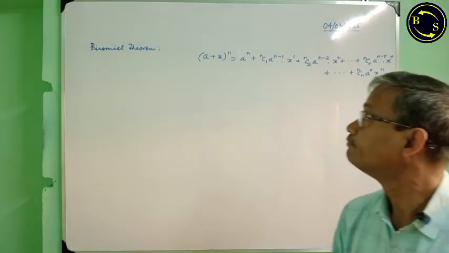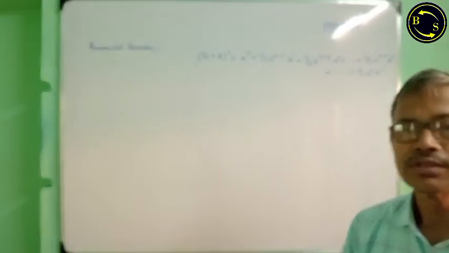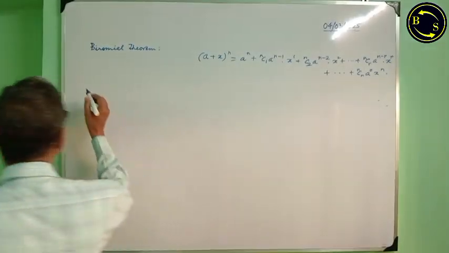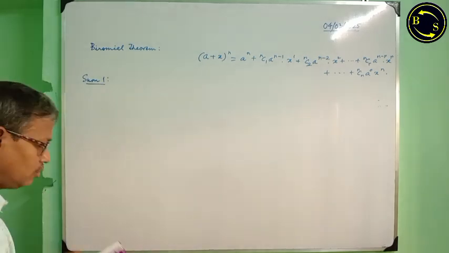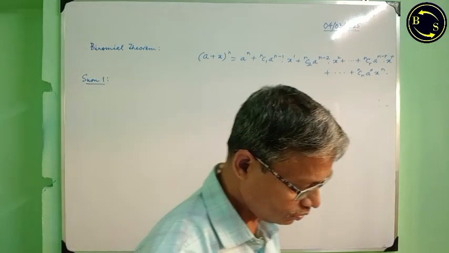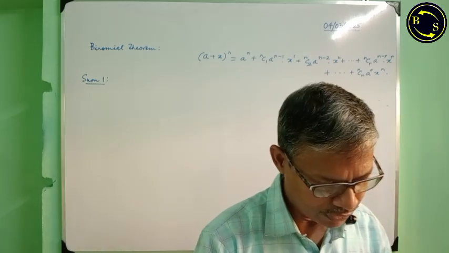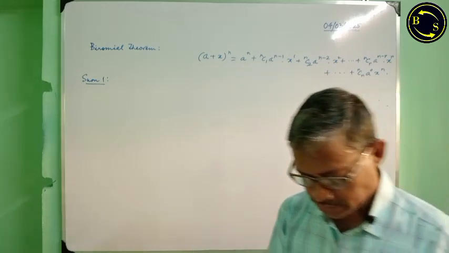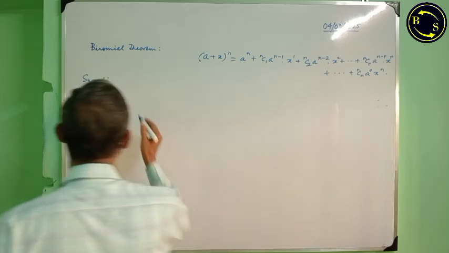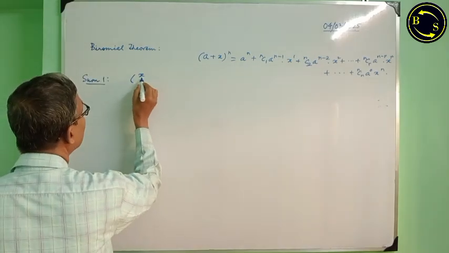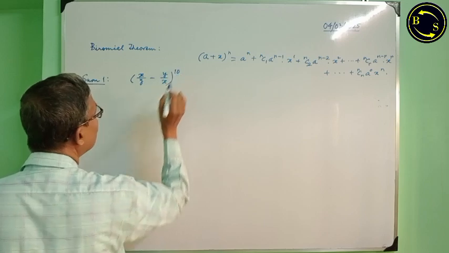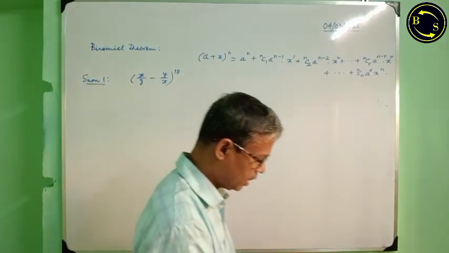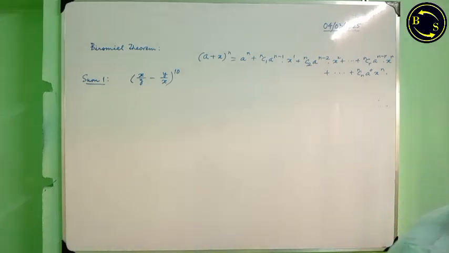Now I am going to solve a few general questions. We shall first find the general term of the expansion of (x by y minus y by x) whole to the power 10, first the general term and then the fourth term.